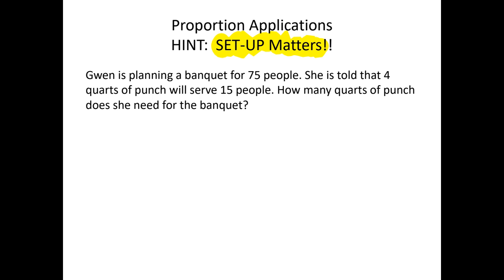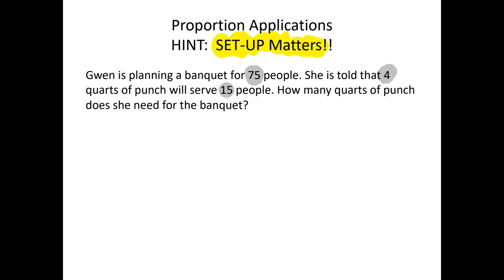Before I even begin the story, I want to show you that I have 3 different numbers, which means I have a proportion, and the 4th number is missing. Okay? Well, how do I set it up?